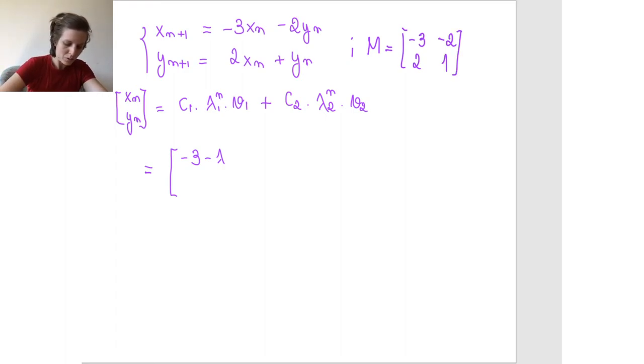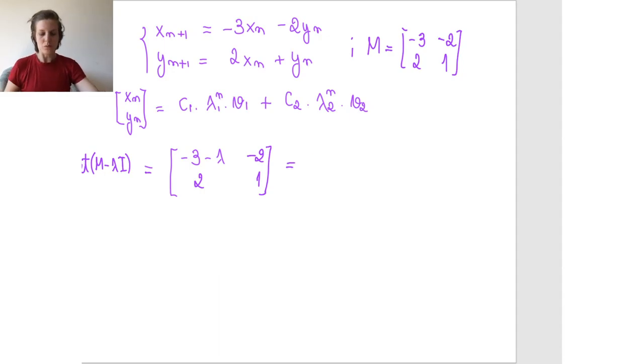And we need to calculate the characteristic polynomial, which will be the determinant of M minus lambda I. And we need to calculate the roots of this polynomial, so it will be minus 2, 2, 1, and this equals 0, okay? 1 minus lambda.